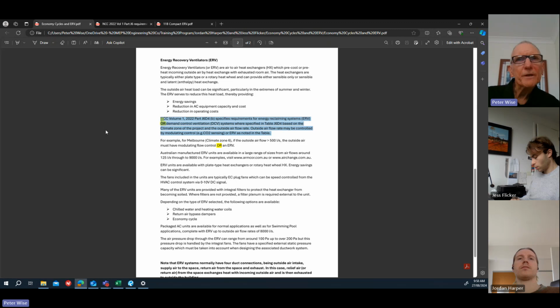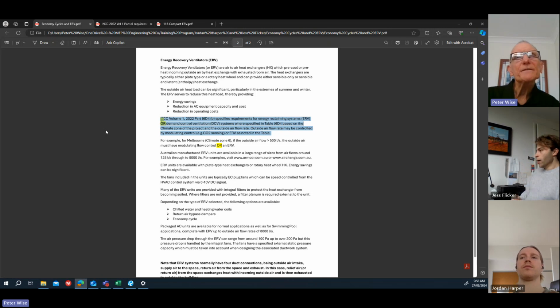Economy cycles have been around since I started work. ERVs, well, they have in a way. We used to use heat wheels for exchanging heat with the outside air. Right back in 1980, we were doing that, and that's been around for a long time. But the ERV itself is probably relatively recent. In the last, say, 20 years, they've come in.